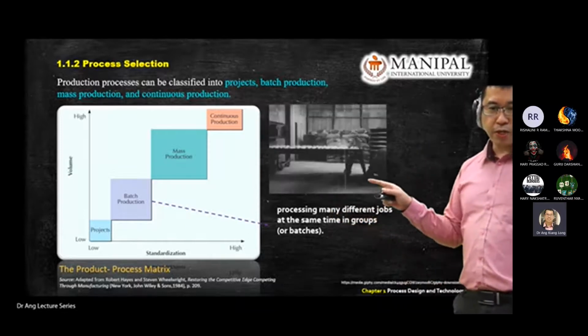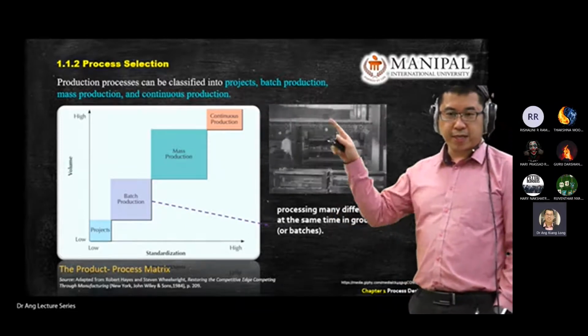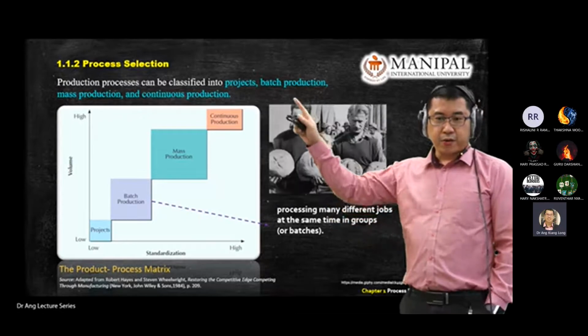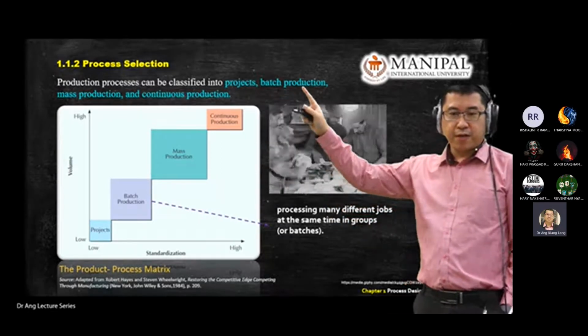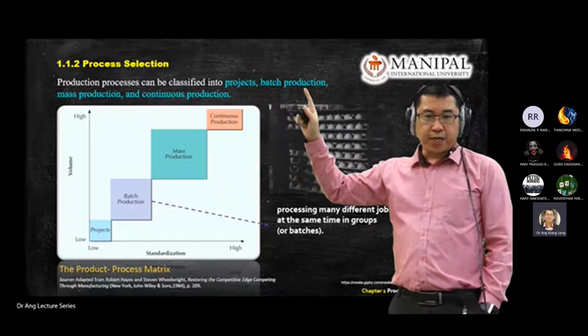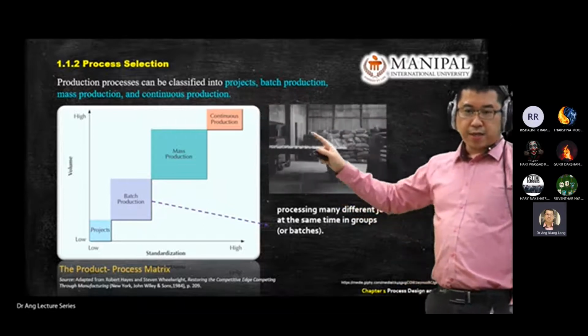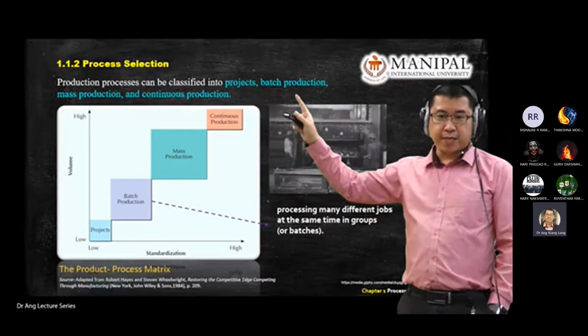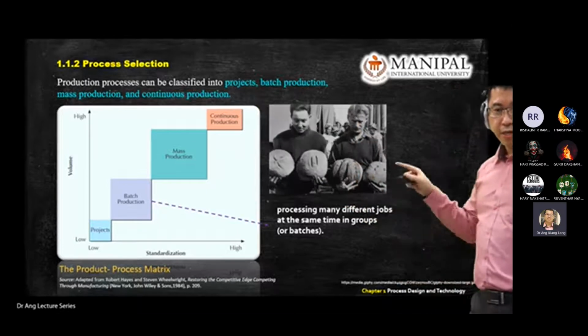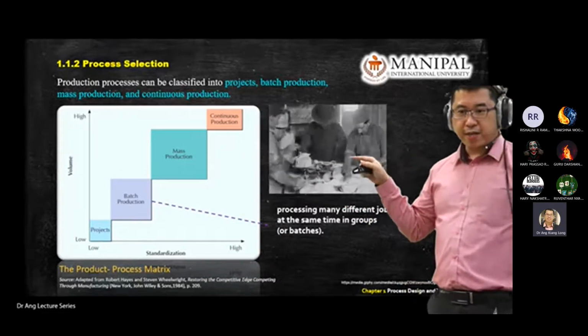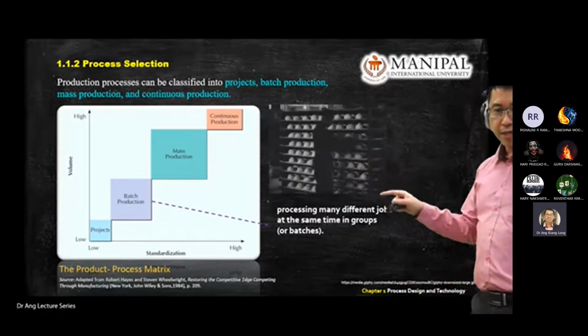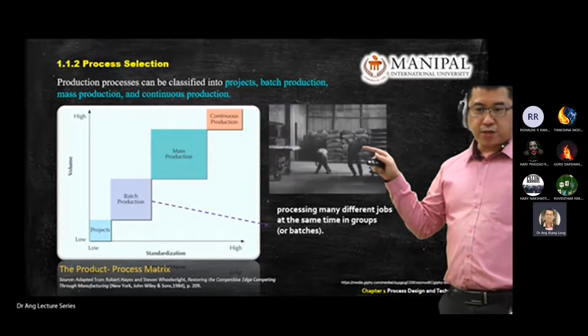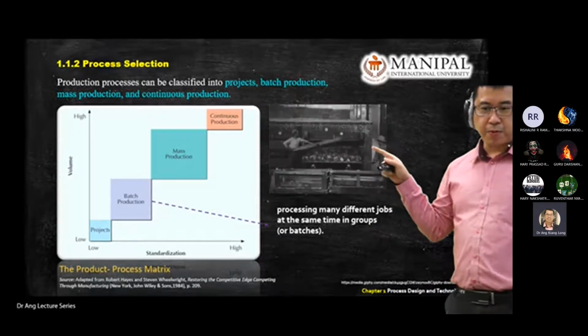If the question asks you to give an example of batch production, or a production process that falls under batch production, and you still use bakery production, you will get 0 marks for that component.